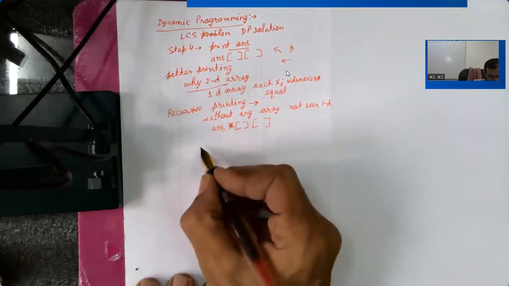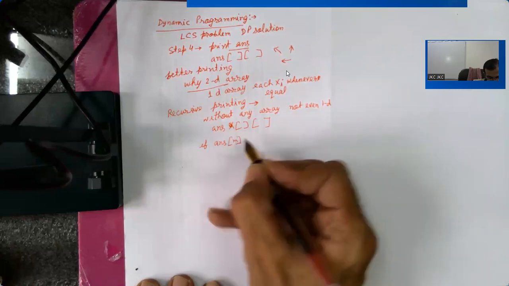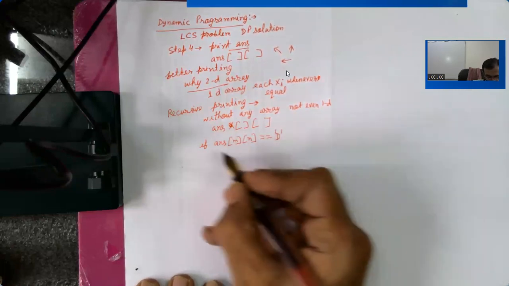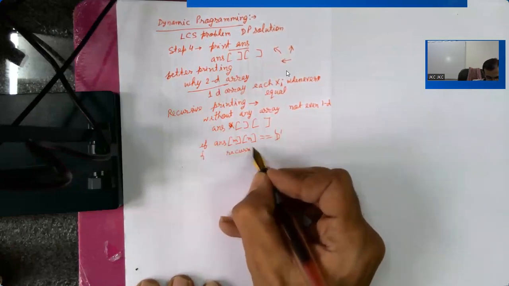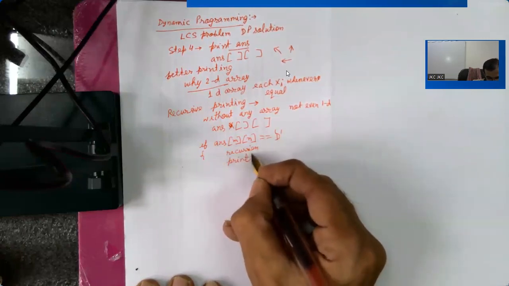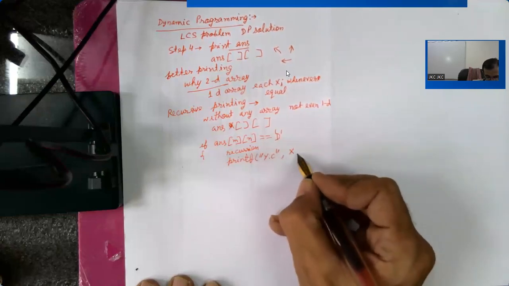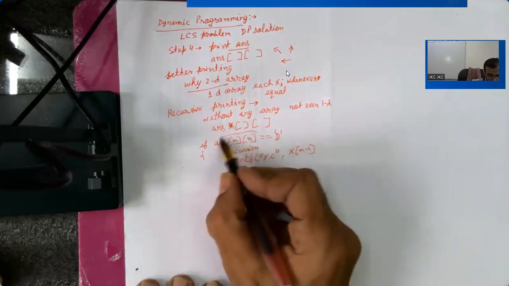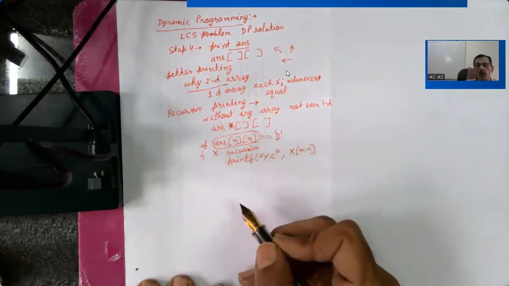Ultimately what I wrote is, if answer mn equal to D, then I have effectively recursion followed by a printing of the corresponding character of x, I minus 1 or m minus 1. If I don't have this answer array stored at all, can I solve it?